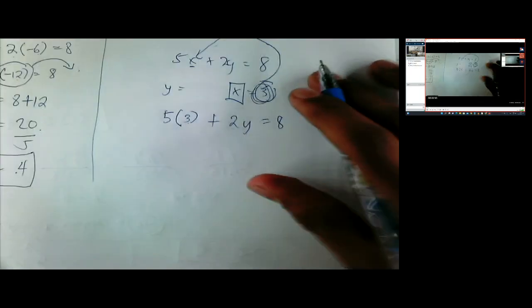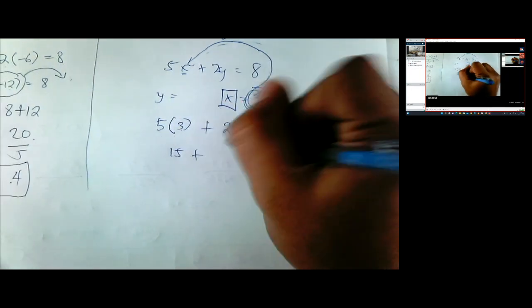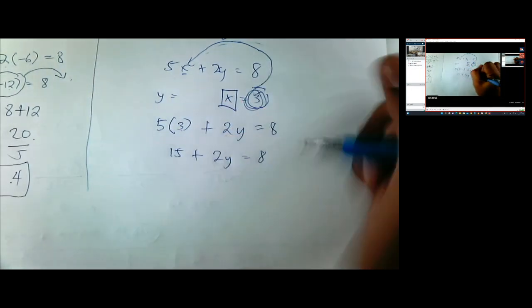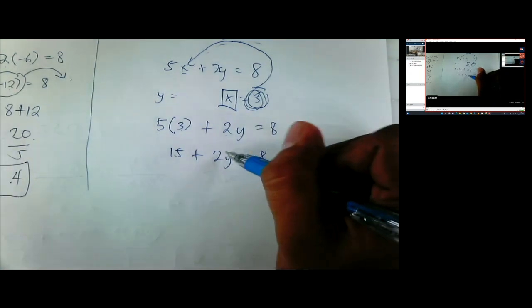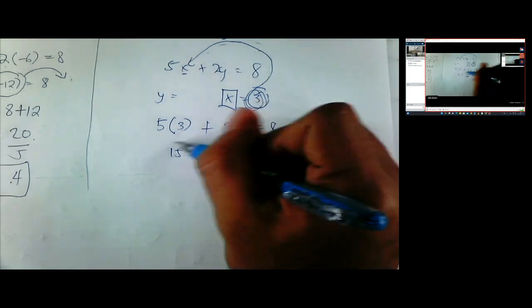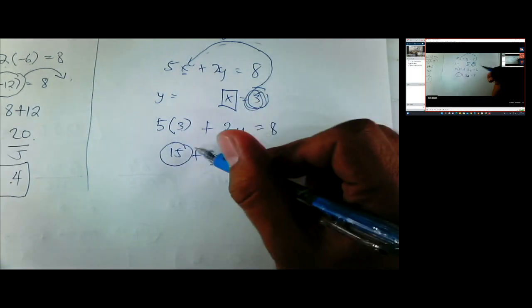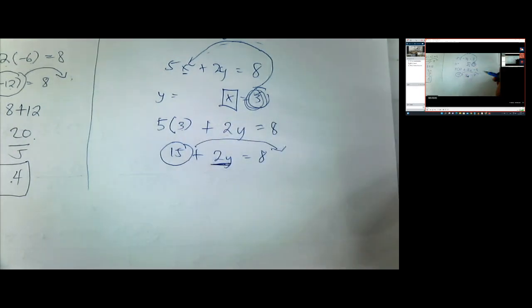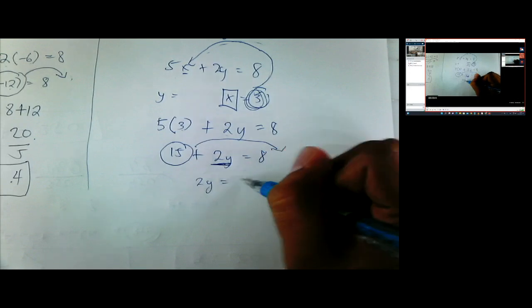So we will have here 5 times 3 is equal to 15 plus 2y is equal to 8. Now, it's just solving a linear equation again. Since we're going to solve for 2y, we don't need this 15 on the left side. So we're going to move it to the other side of the equation. So we will have here 2y is equal to 8.